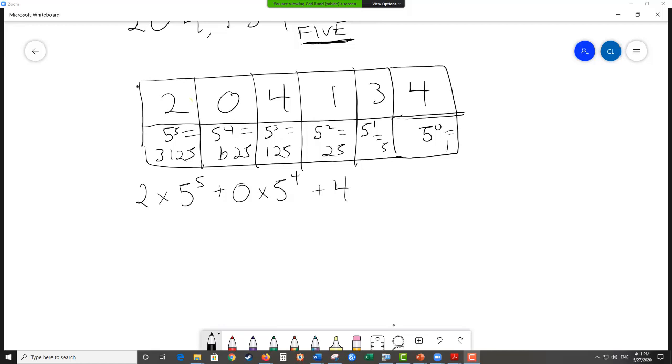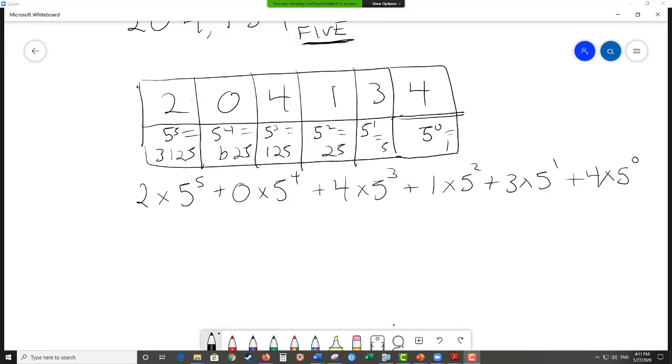Then I have 4 groups of 5 cubed. I have 1 group of 5 squared. I have 3 groups of 5 to the 1st, or just 5. And I have 4 groups of 5 to the 0, or 1.